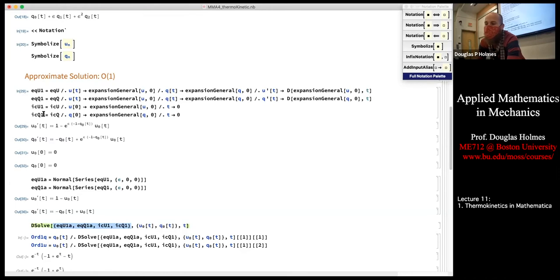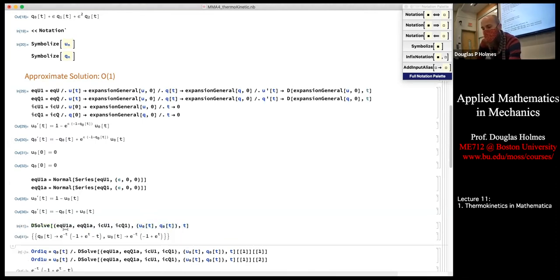And remember, we didn't have to do anything to the initial conditions, because these things here are doing an expansion about epsilon, and our initial conditions don't contain epsilon, so that doesn't change anything. So I have 4 equations. Now my 2 dependent variables I'm solving for are not u and q, but they're u naught and q naught, and I'm solving them for all of time. They're both functions of time, and I'm solving them for the independent variable t.